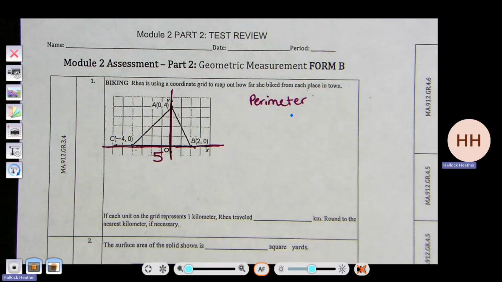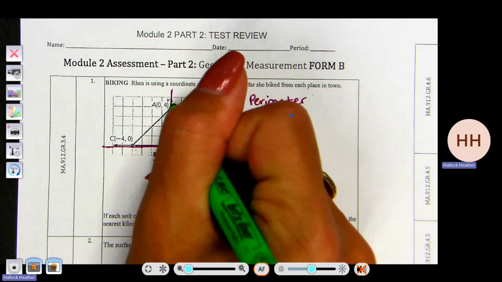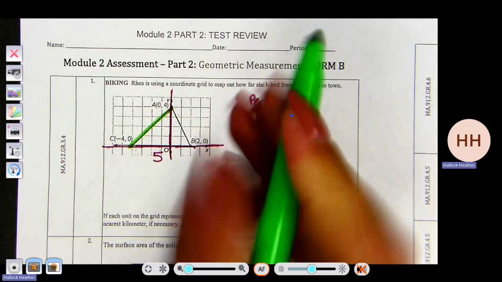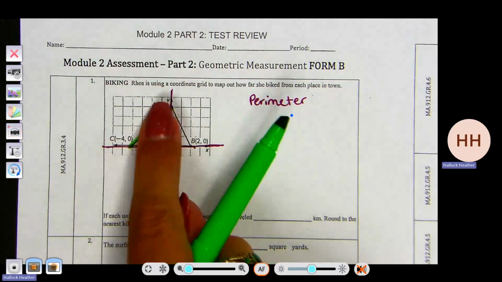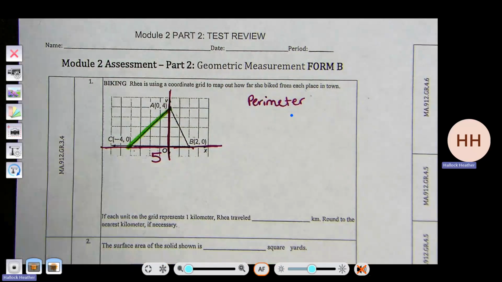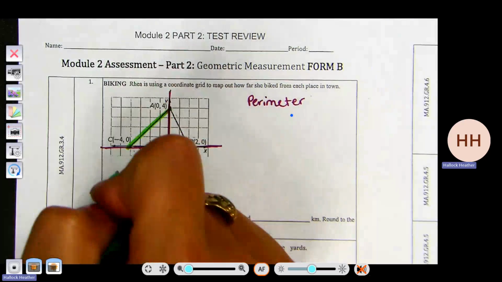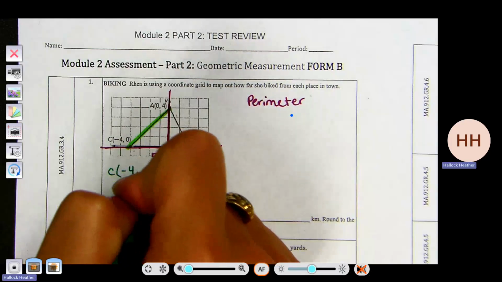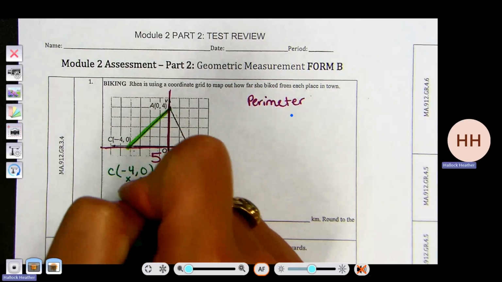To find the sides, I'm going to need to use the distance formula. These sides are different lengths. So first I'm going to use C and A to calculate the distance. Coordinate point C, and remember, it doesn't matter what order you do them in. I'm going to use C, which is at -4, 0. That's coordinate point 1.